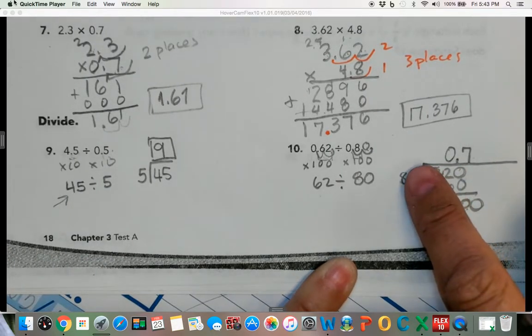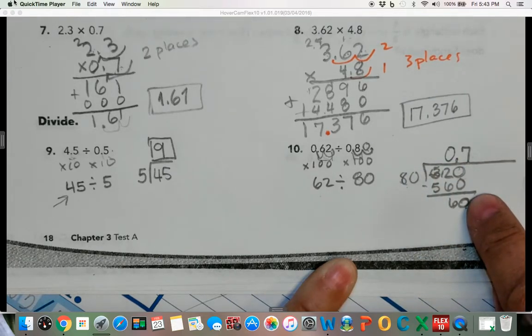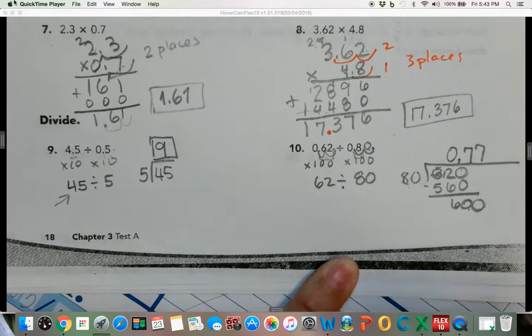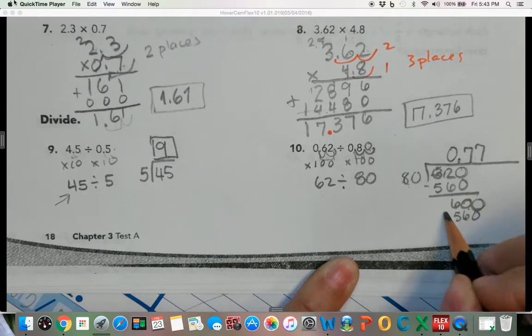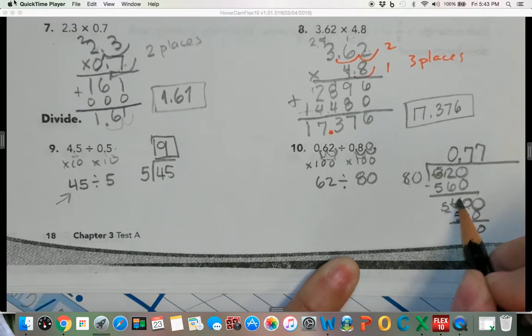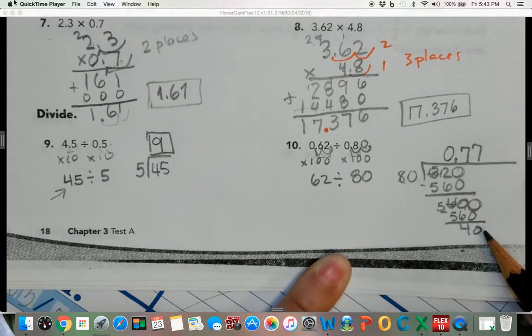And again, I think of 8 into 60, which is going to be the same thing. 7 times 8 is 56, or 560. My remainder is 40.